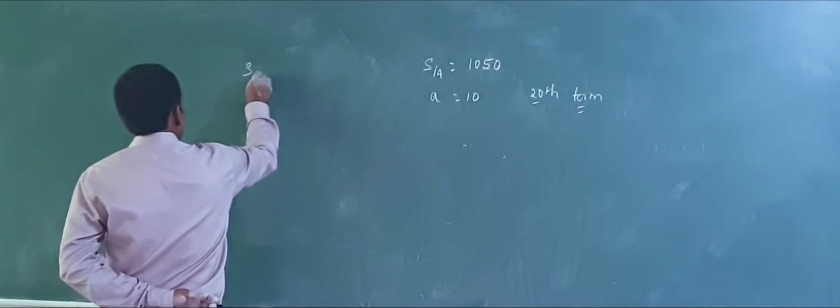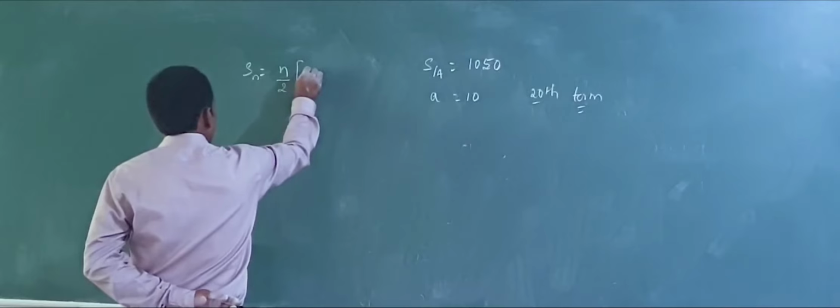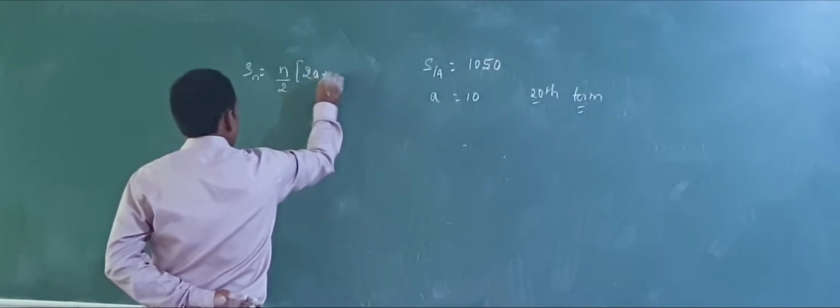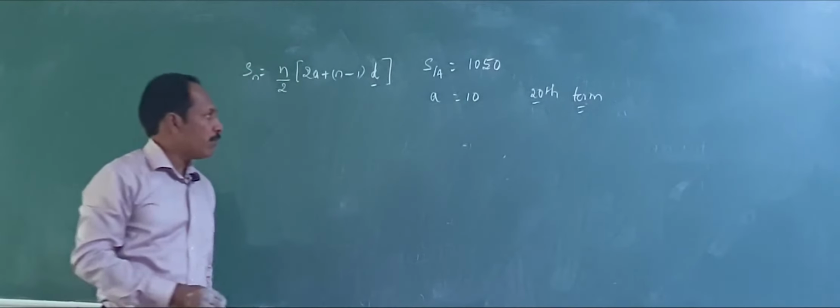In order to find a_20, we need the difference d. So let us write the formula for this. S_n will be n by 2 into (2a plus (n minus 1) into d). We have to calculate d, then we will find the corresponding term.